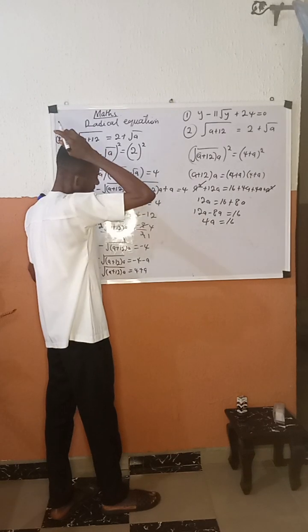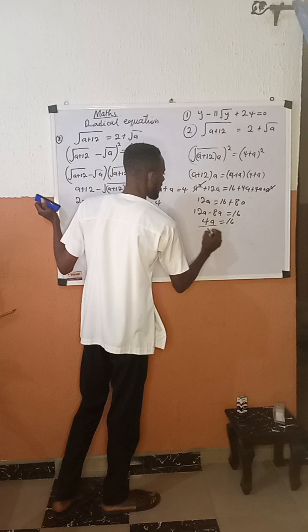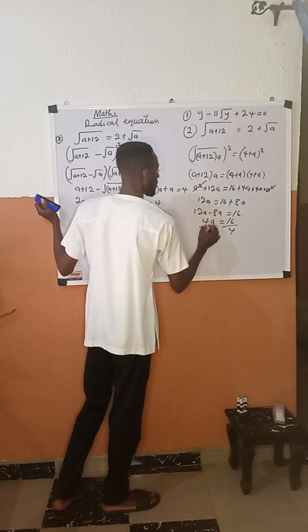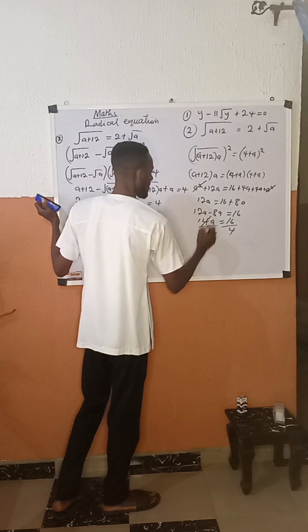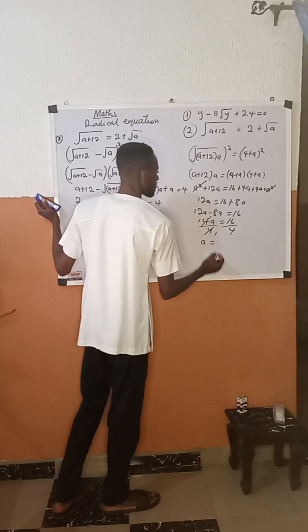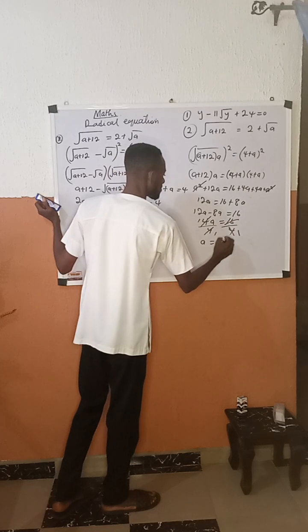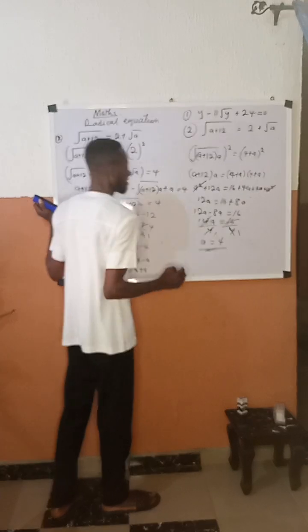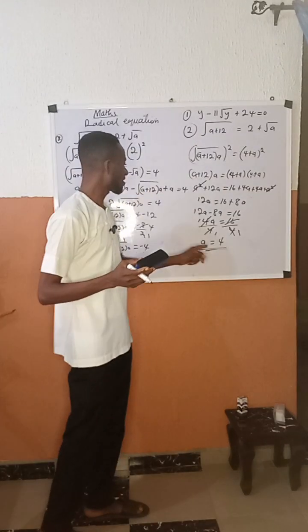By dividing both sides of the equation with the coefficient of A, we have all over 4, all over 4. This 4 will cancel this 4, and I'm left with A equals 16 divided by 4, which is 4. Therefore, the value of A that can satisfy this expression is 4.